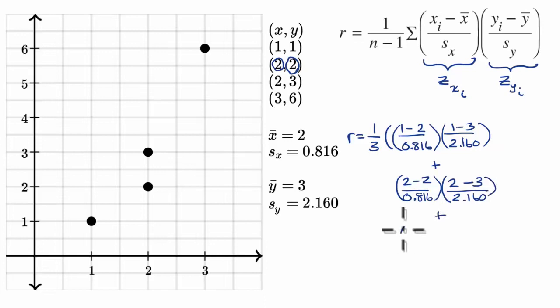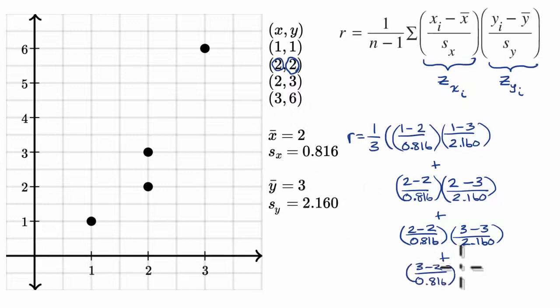Plus, I'm happy there's only 4 pairs here, 2 minus 2 again, over 0.816, times 3 minus 3 over 2.160. And then the last pair, you're going to have 3 minus 2 over 0.816 times 6 minus 3 over 2.160.